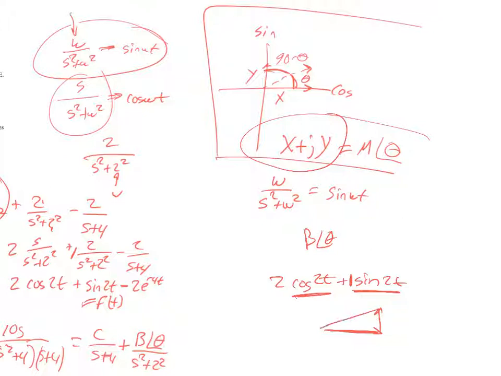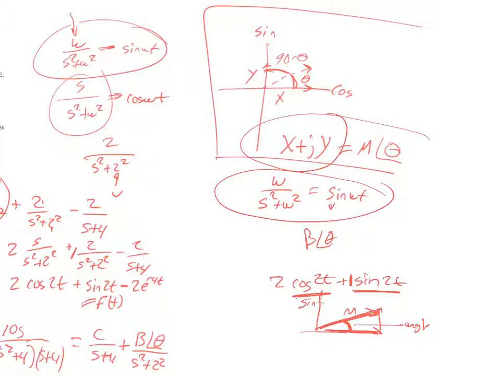That will give me a corresponding magnitude, as Kyle was talking about earlier. Normally, we do our angle here. This would be the angle that we're talking about. But as we mentioned, this here is omega over s squared plus omega squared. That is a sine term, which, if I'm keeping track of my axes, this is the sine axis.